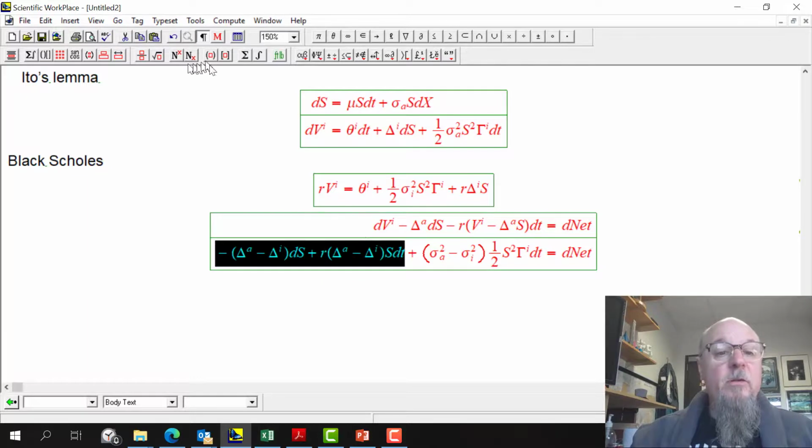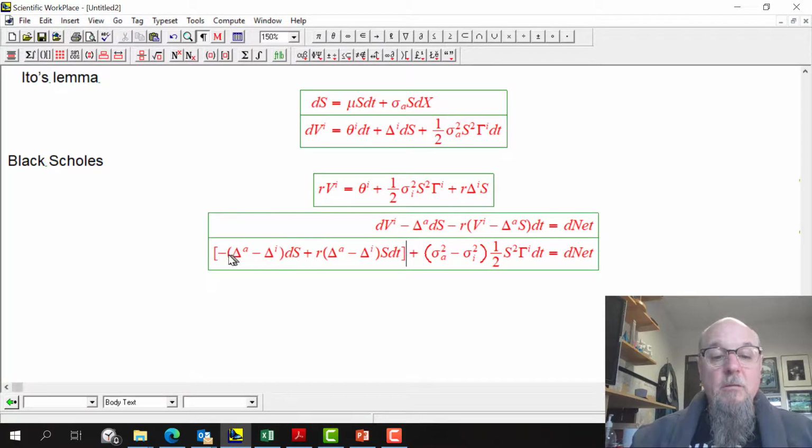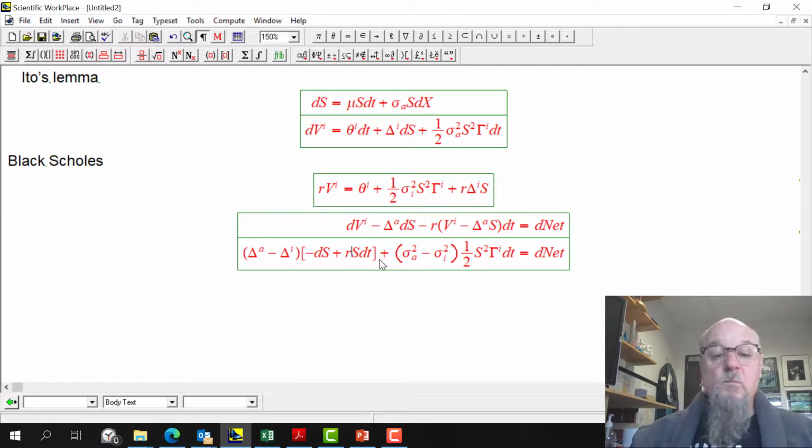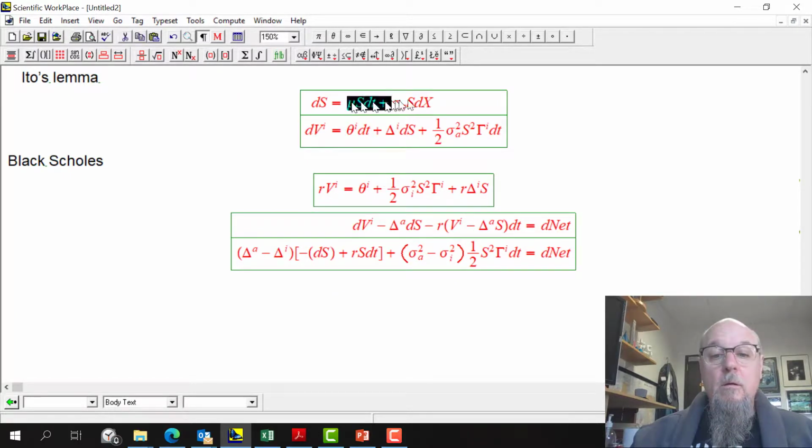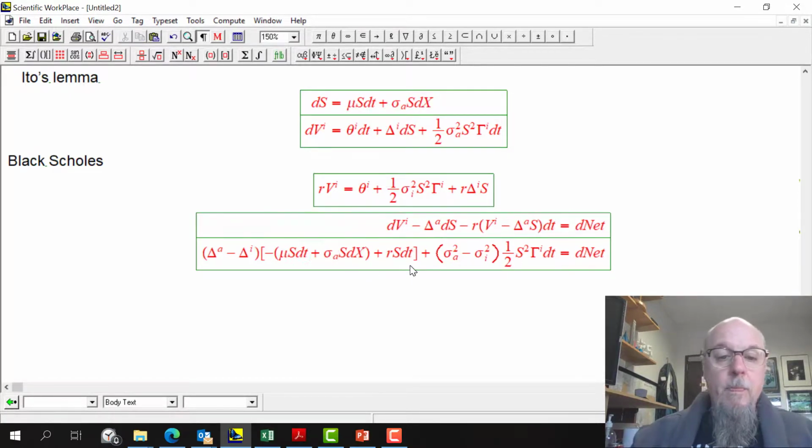Now across this, I can factor out that bracket. Okay. Now let's think about putting in this ds, I guess, because we know what ds is. And distribute that minus sign through the bracket.